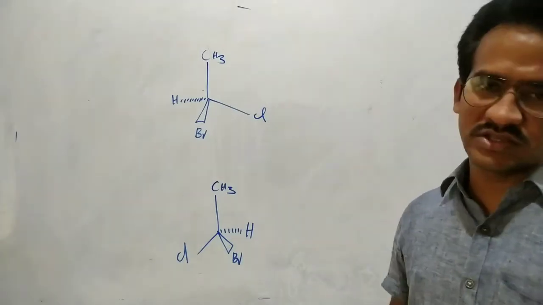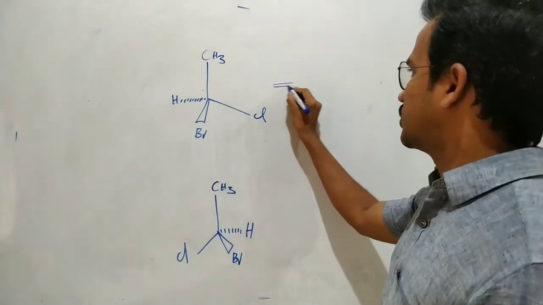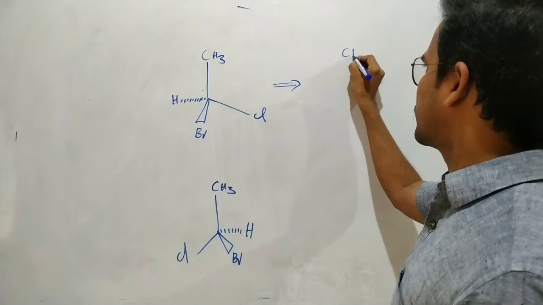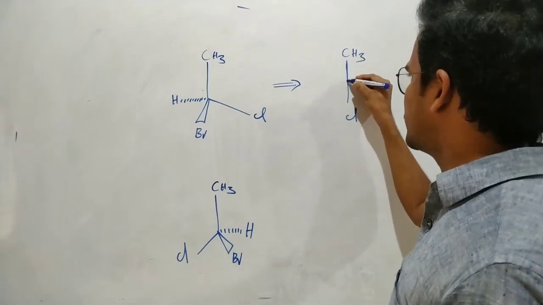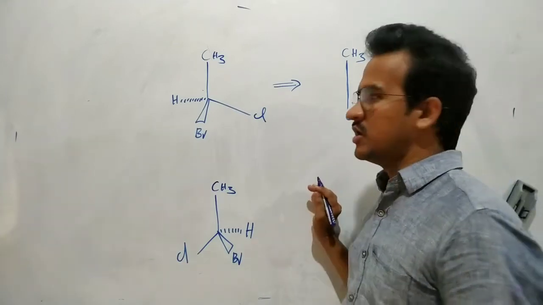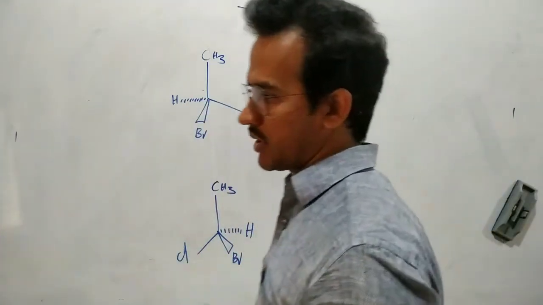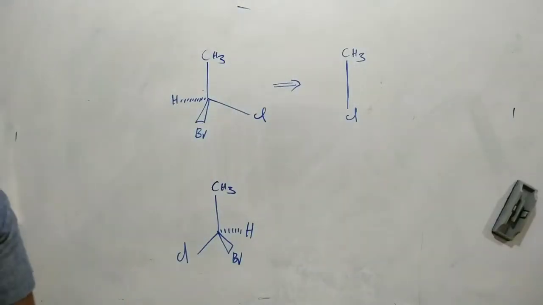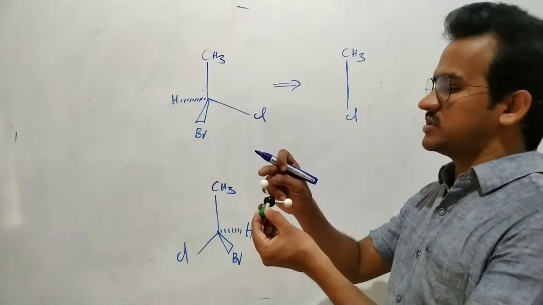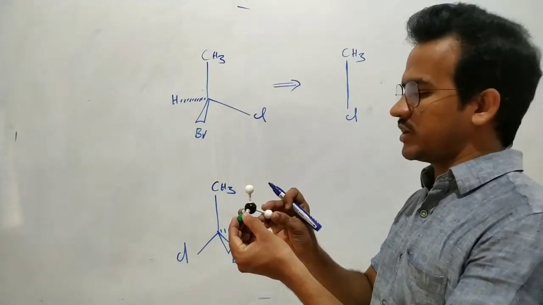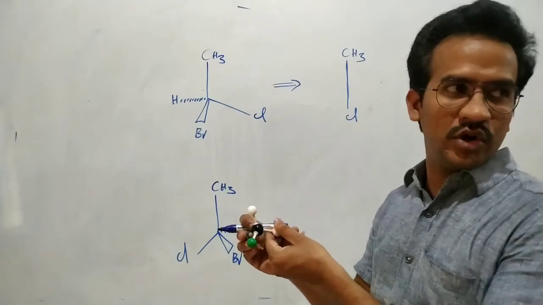In this case, a very simple way. Whatever the groups on the plane, of course you know that the wedge-dash representation involves two bonds on the plane, one bond below the plane, one bond above the plane. Here this is a methyl, this is a chlorine, and this is a bromine, and this one is a hydrogen below the plane.